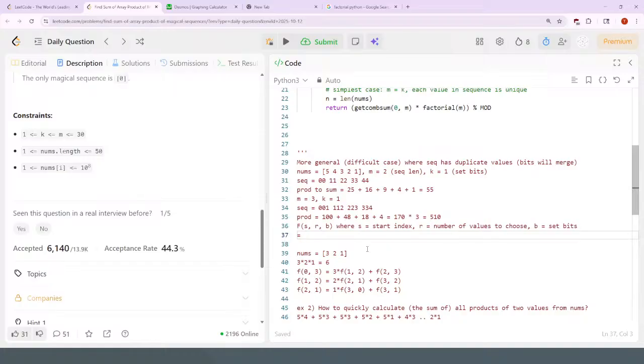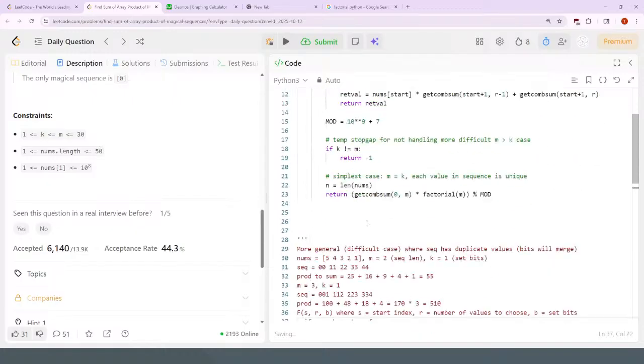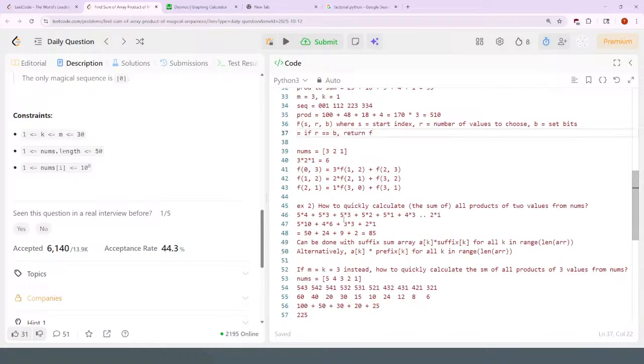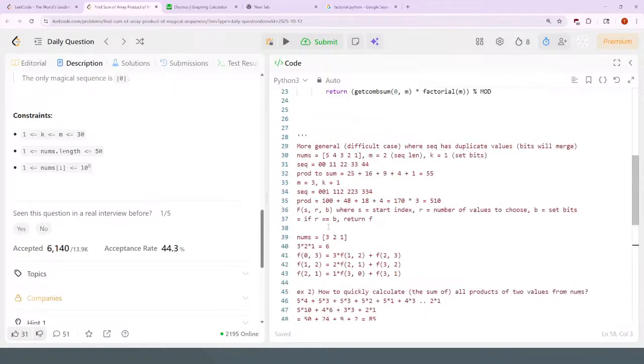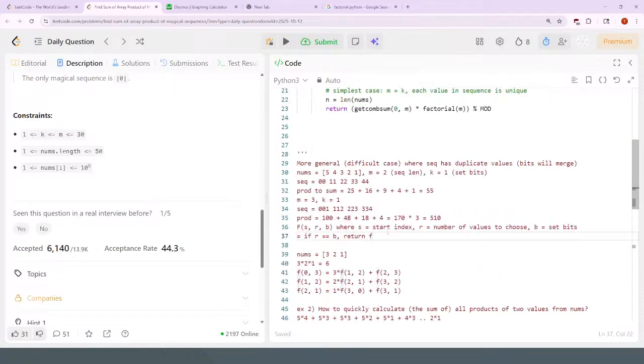So if R equals B, then return the other function, f of s, k. So the smaller function f of s, I guess R and B is the same at that point.